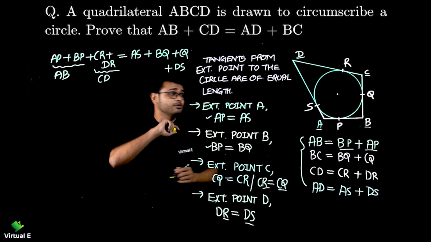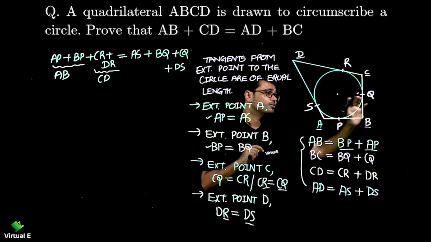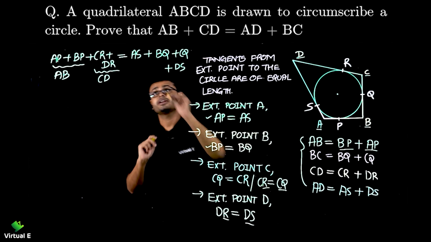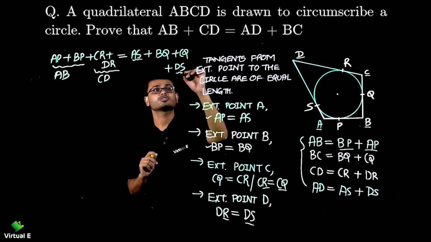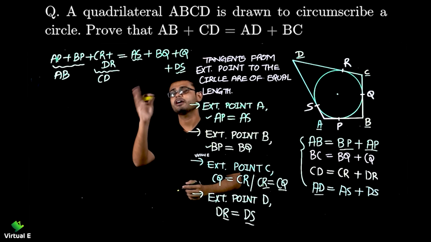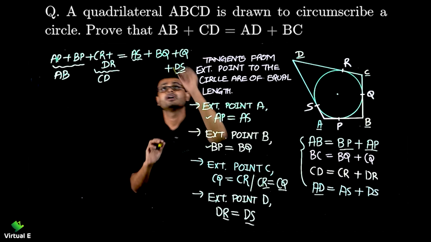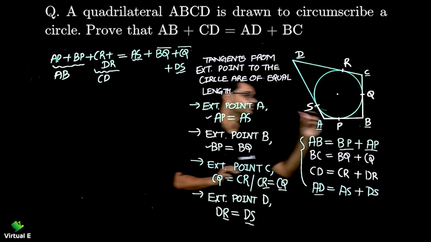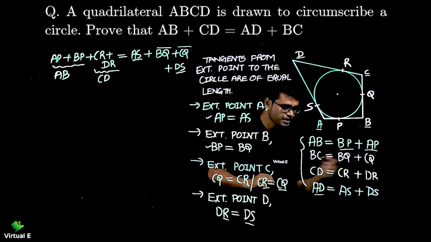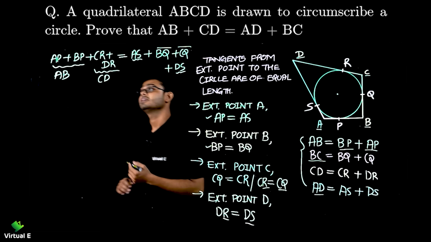Then AS and BQ doesn't make any sense, but AS and DS make sense, right? See, AS over here, DS over here. We will rearrange it, don't worry, you can always rearrange. And BQ and CQ will make what? You can see in the figure as well, it is BC, right?